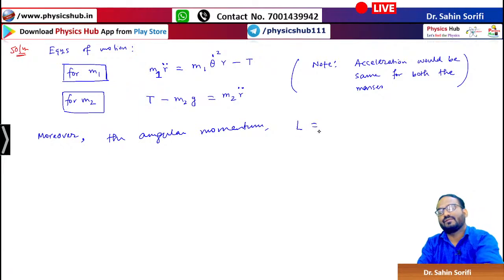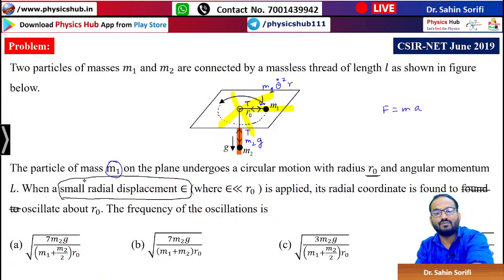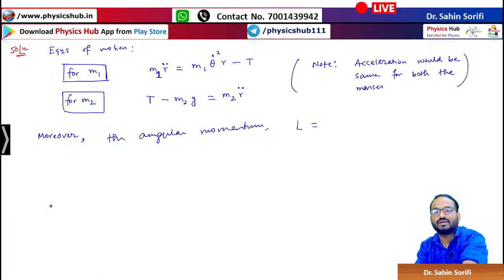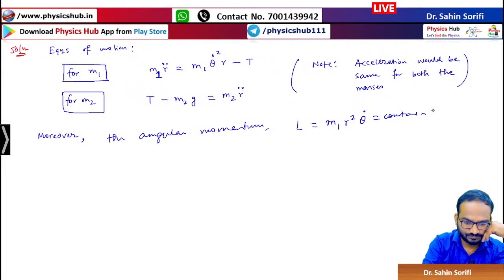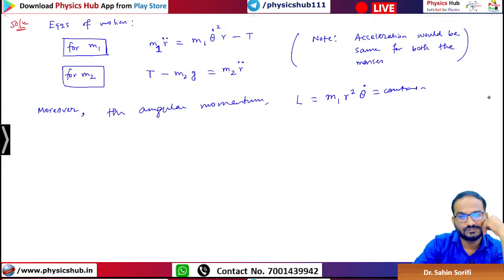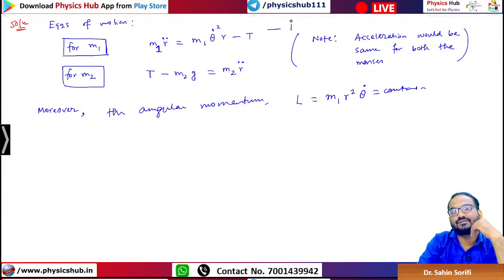Angular momentum L is given for mass m1. What is the formula of angular momentum? L is equal to m1 r square theta dot. Let's name these equation 1, equation 2, and this is equation 3.